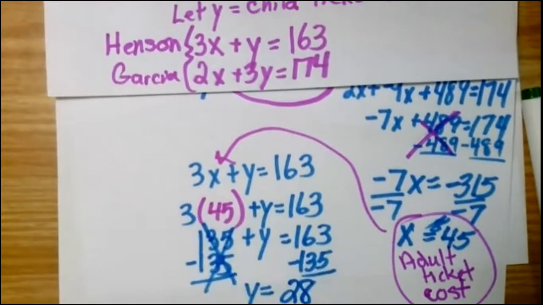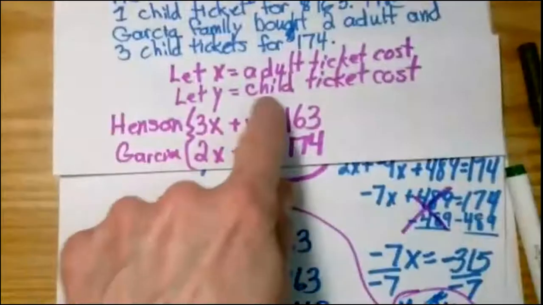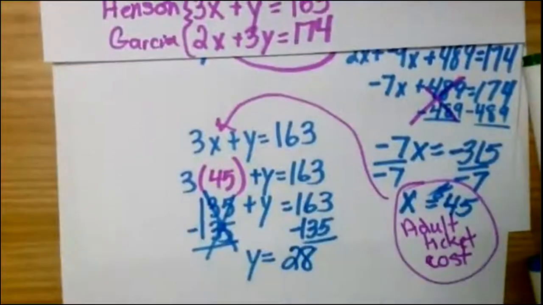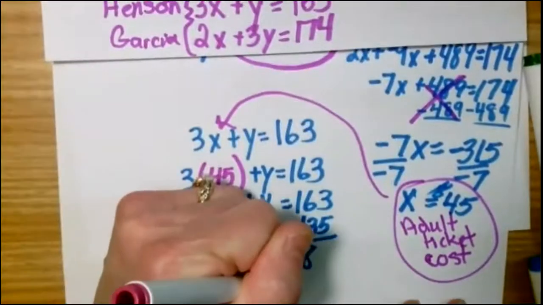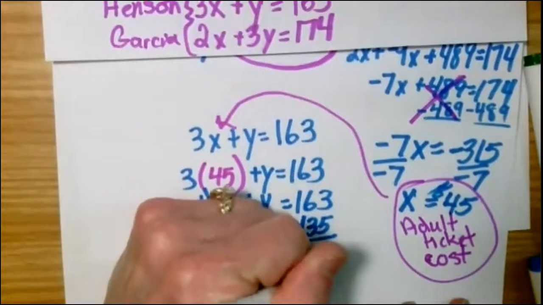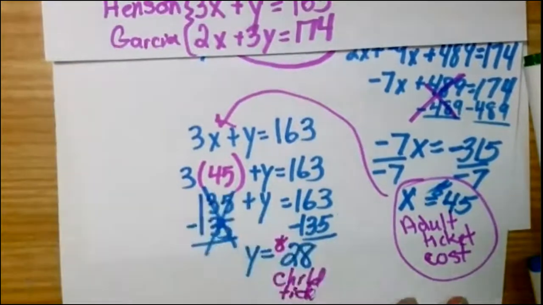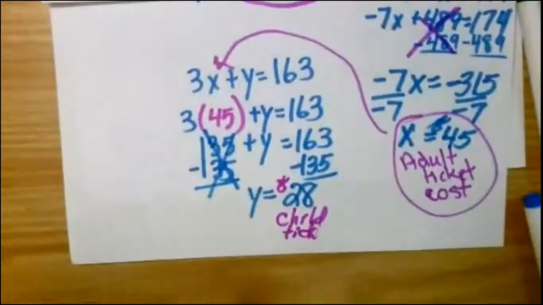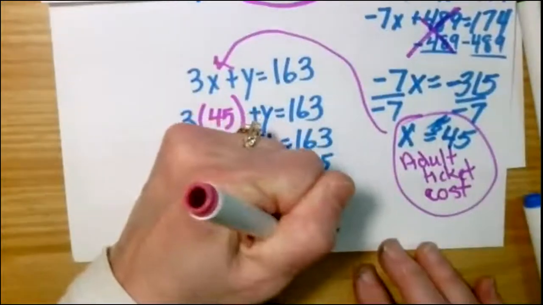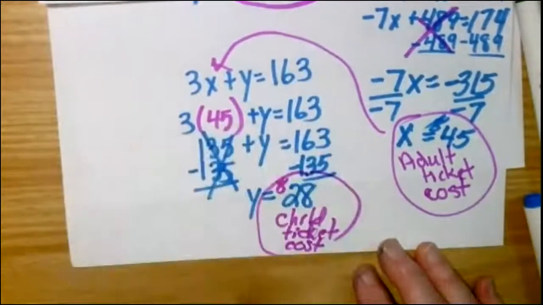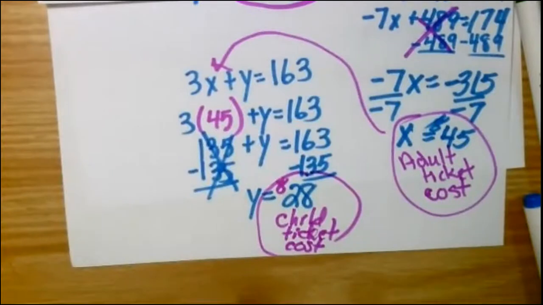So that means that a child's ticket cost, remember what y equals, a child's ticket cost? So a child's ticket is $28. Child ticket cost. So there we are.